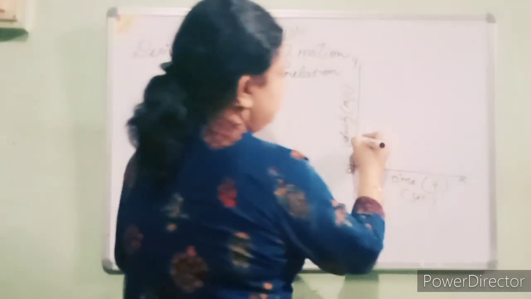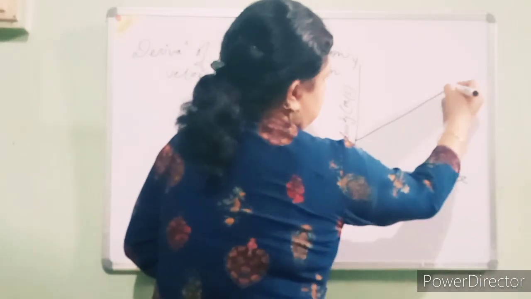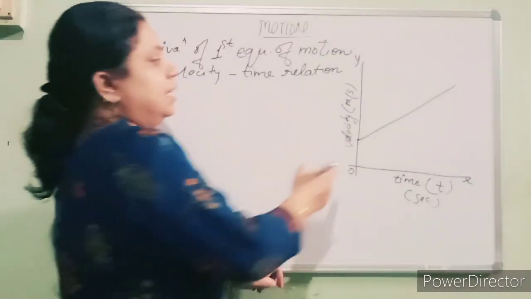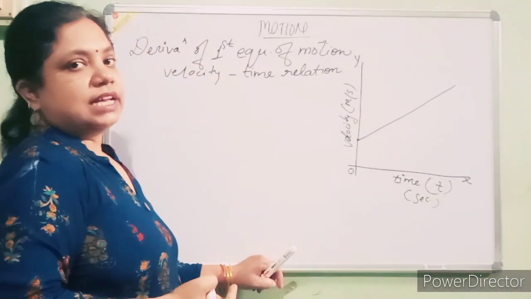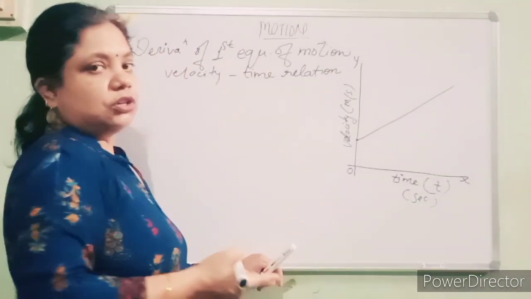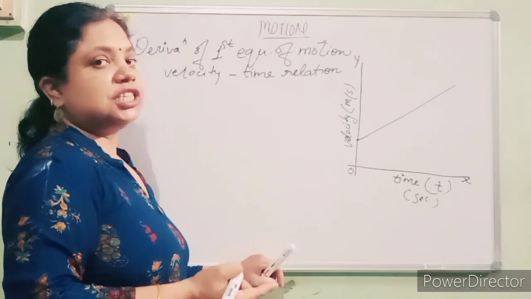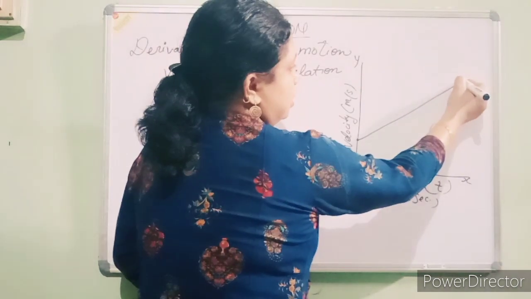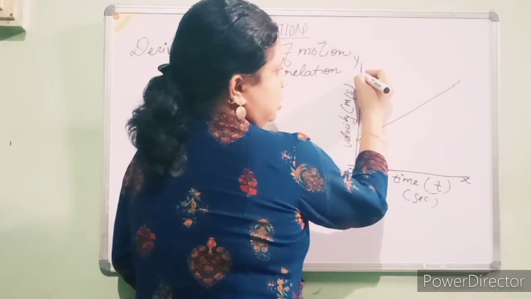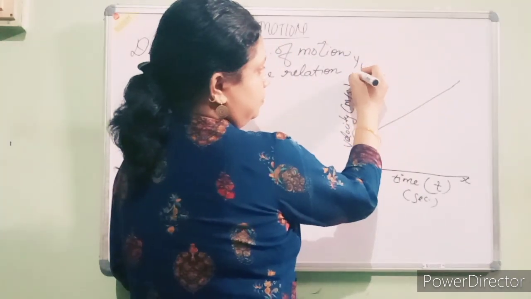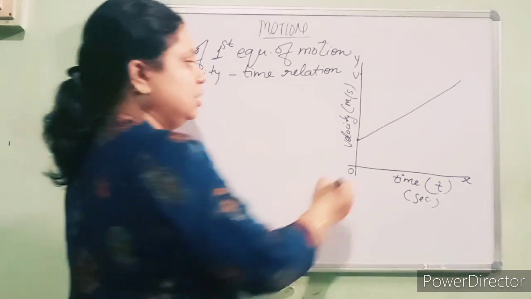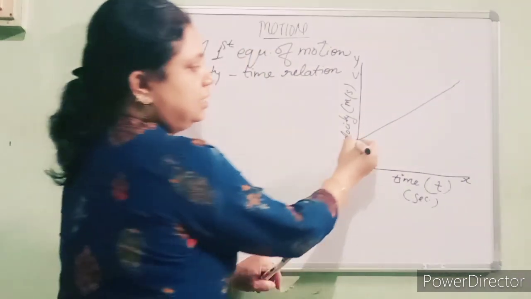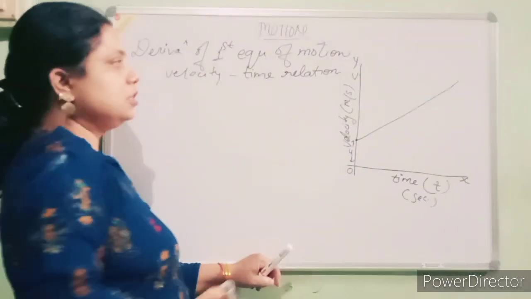The slope represents the acceleration, because slope is the ratio of the y and x axis changes. Now this is the final velocity, which is v. Initial velocity is u, at this point.